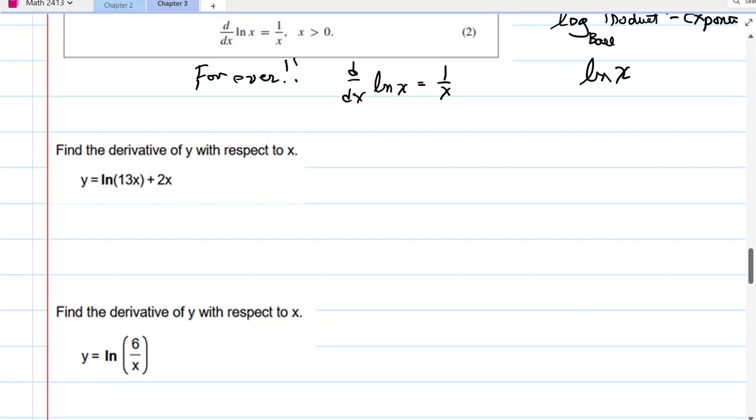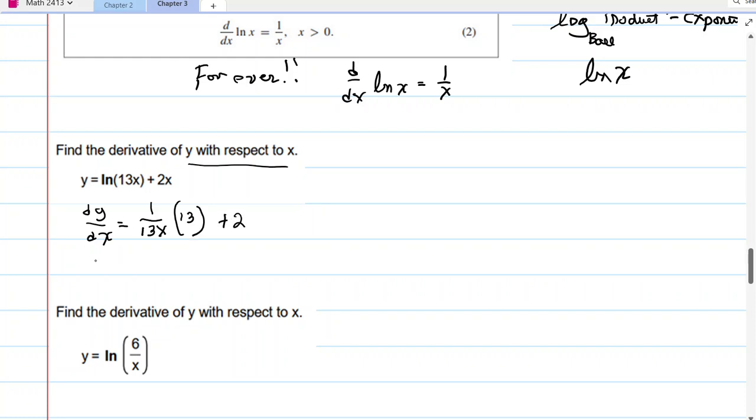So let's look at this one. They said, find the derivative of y with respect to x. So we want dy/dx. The natural log is going to be 1 over 13x, and then we're going to do du, because there's a number in front of x, which is 13, plus the 2.